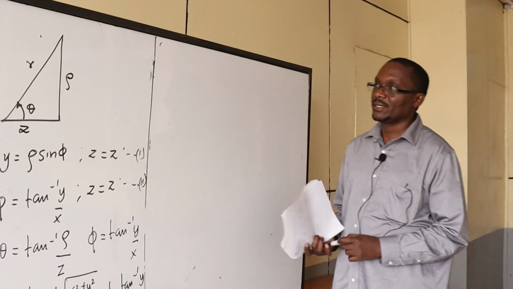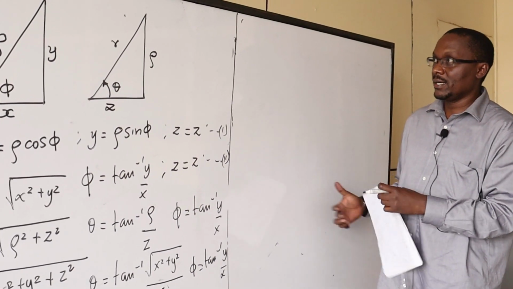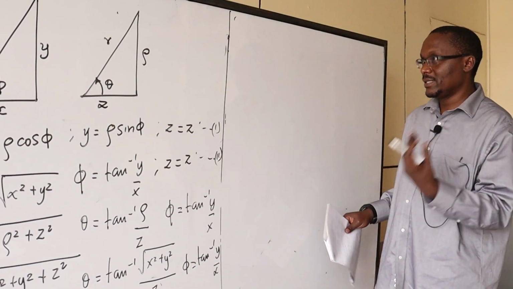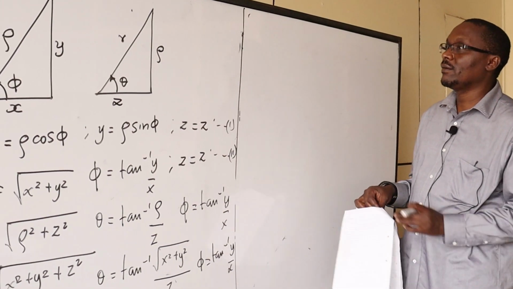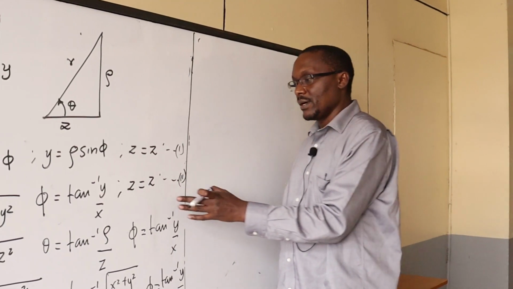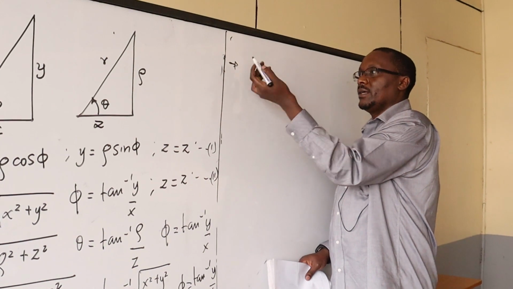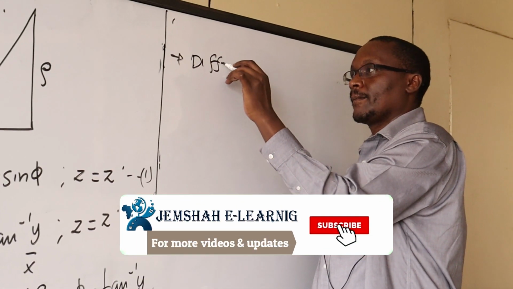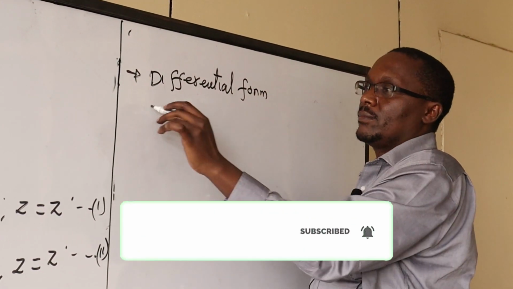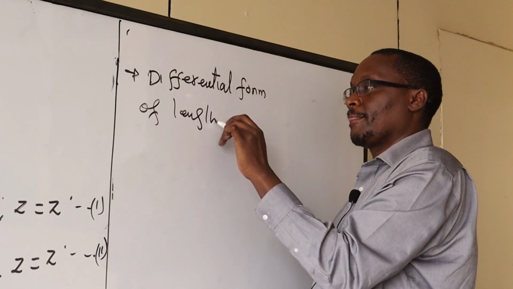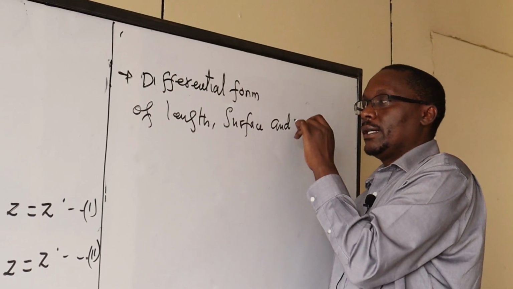So next time, we'll look at more examples on what we've covered, and in our next vector analysis subject, we are going to look at the integral or the calculus part of vector analysis. Basically, we are through with our coordinate systems. So the next lesson, basically, we look at the differential form of length, surface, and volume.